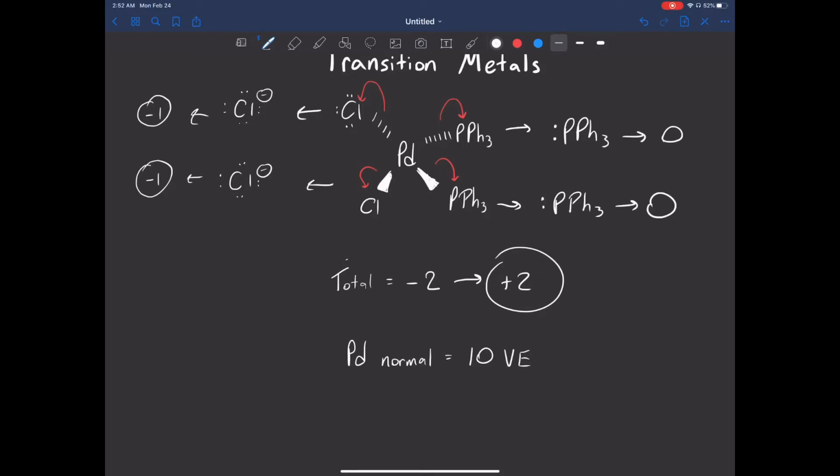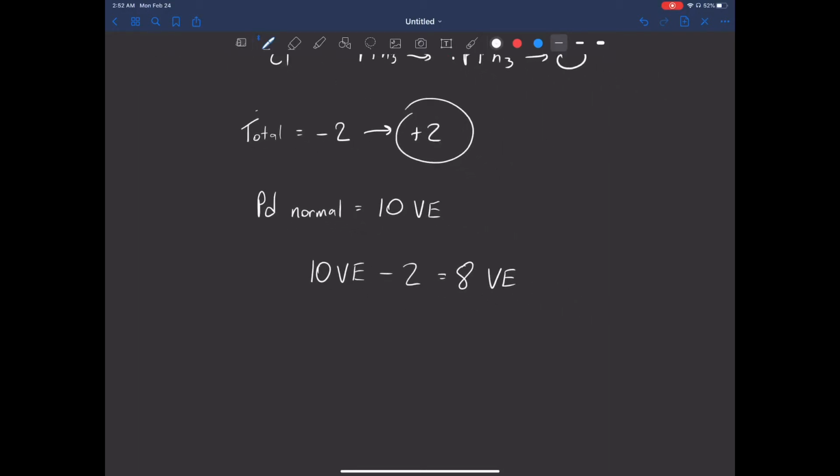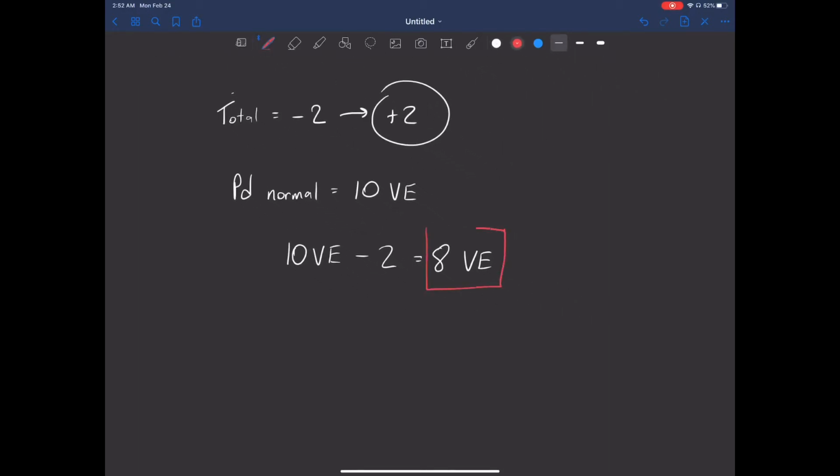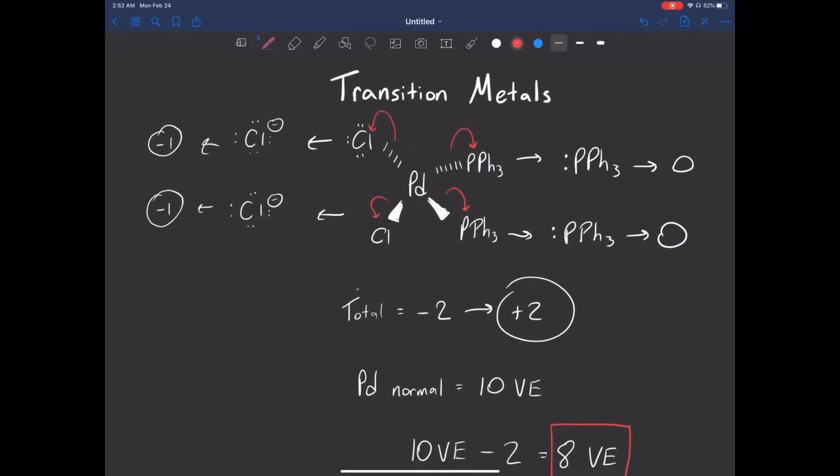All right. So what do I mean by that? We just said palladium has 10 valence electrons normally, right? I'm going to take 10 valence electrons minus 2, and I'm going to get 8 valence electrons. This number, 8 valence electrons, is what the palladium has when it is combined with all 4 of these ligands.